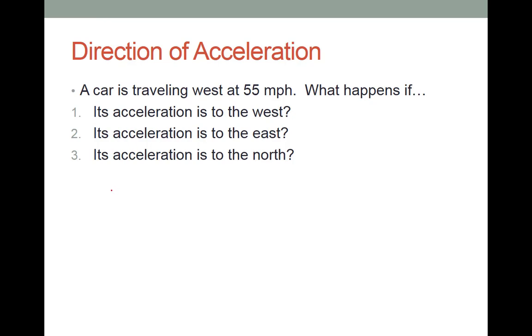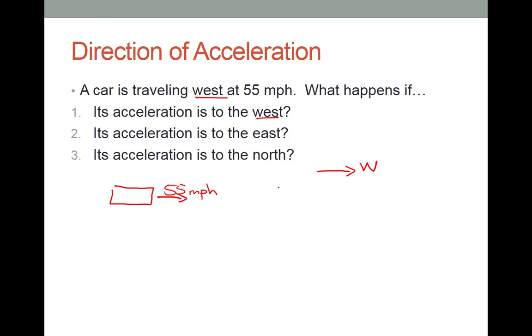Let's try drawing. So in question 1, we have the car moving at 55 miles per hour. And we see acceleration is to the west, and the direction of travel is also to the west. So for the sake of this example, this direction is to the west, right? The acceleration is to the west.